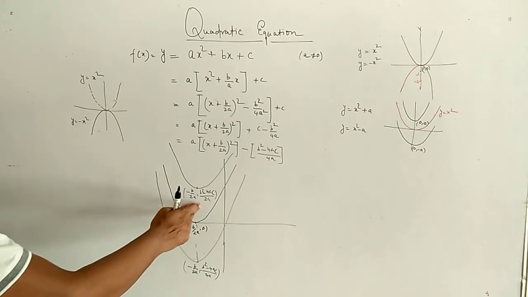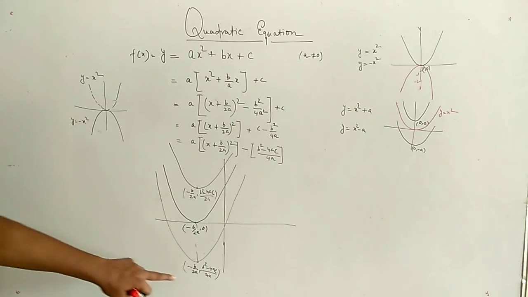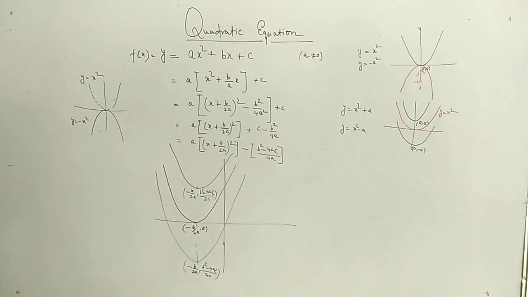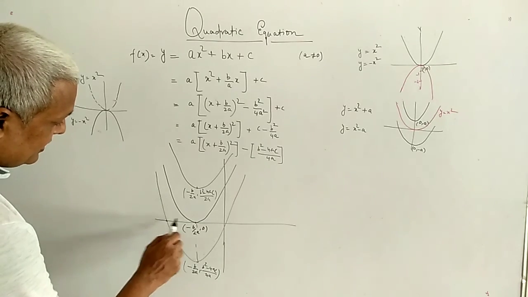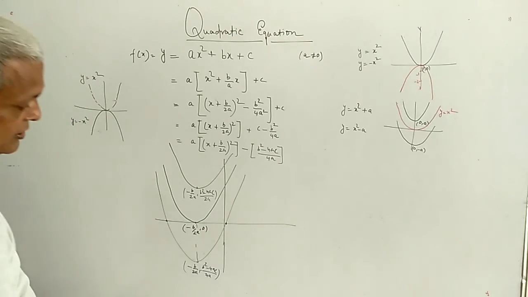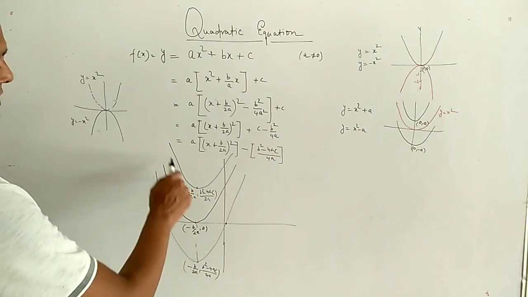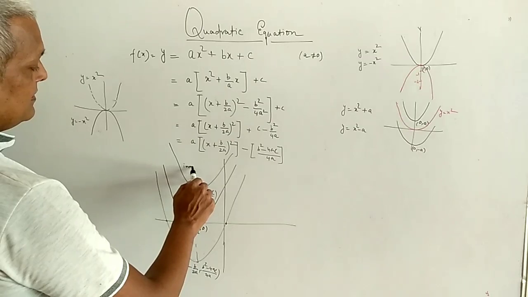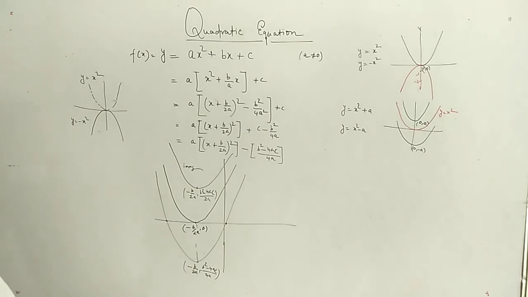Here you are getting two distinct roots, because this curve is cutting the x-axis at this point and at this point. So you are getting your answer. But this one is not cutting the x-axis at all. So this one is giving you imaginary roots. This is all about the graphical nature of the quadratic equation.